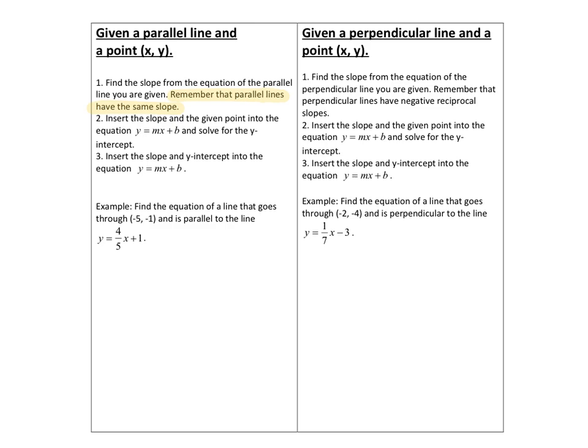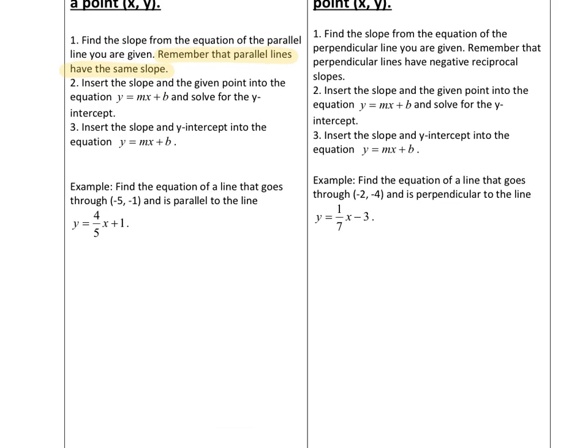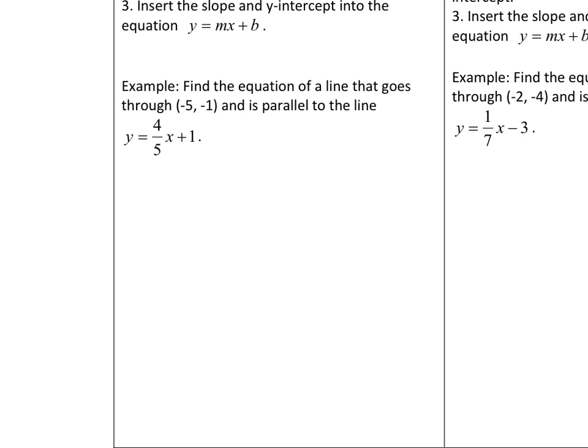Okay, so what that means, I'm going to skip down here and make sure we're good to go. On this bottom part, they give you the point of -5, -1, and they want it parallel to the line 4/5x plus 1. Well, what's the slope in the line 4/5x?